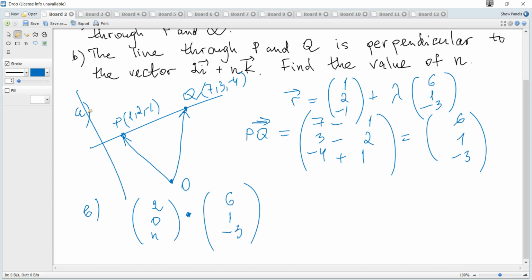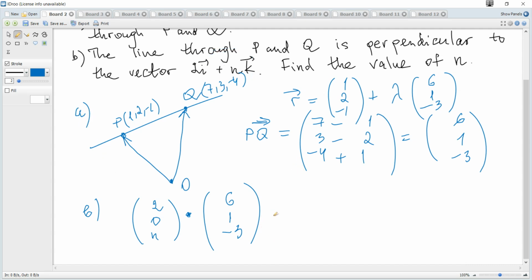So it is given that another vector, this one, is perpendicular to the given line. And if it is perpendicular to the given line, it means that it will be perpendicular to the direction vector of this line, the vector PQ, and then the dot product of this vector with PQ gives 0.